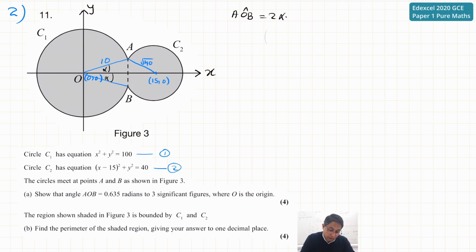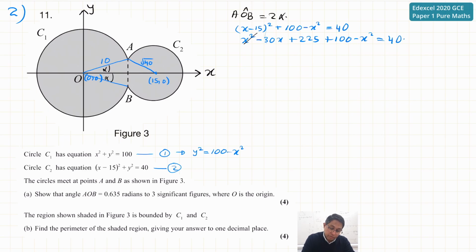To solve that, from equation 1 you can make y square the subject. Now substitute this result into equation 2. Therefore, you can write x minus 15 square plus y square, which I'm going to replace by 100 minus x square, equal to 40. Expand this bracket.